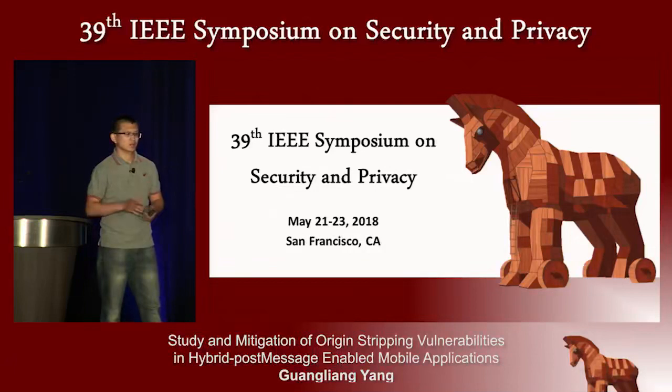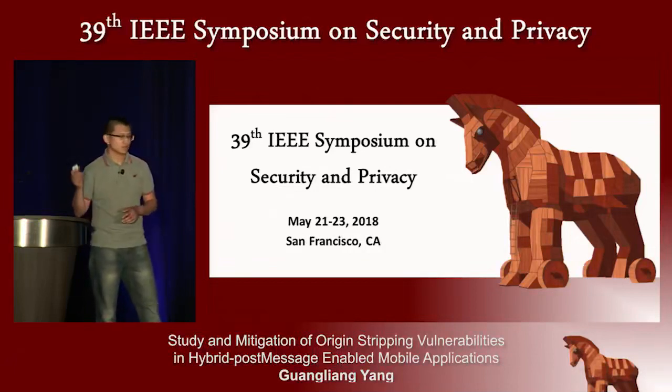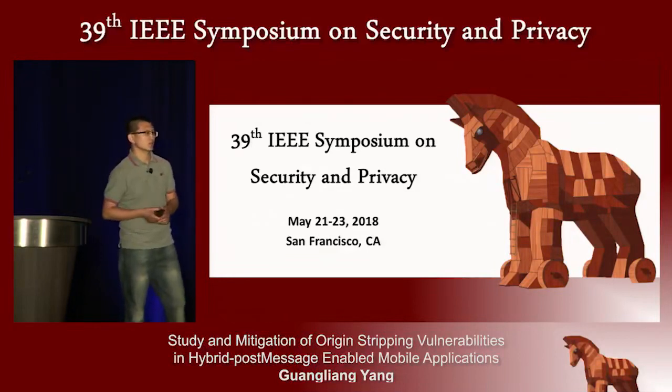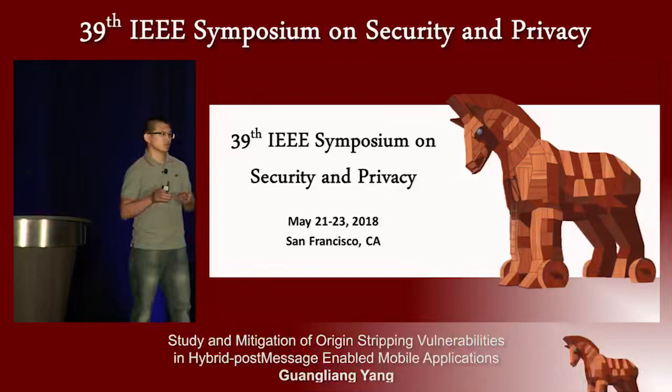The architecture shown in the slides applies to these two platforms, and if you check the documentation, you can find this OSV problem exists not only in Android but also in iOS. Okay, cool. Thank you so much. I'll check it out.